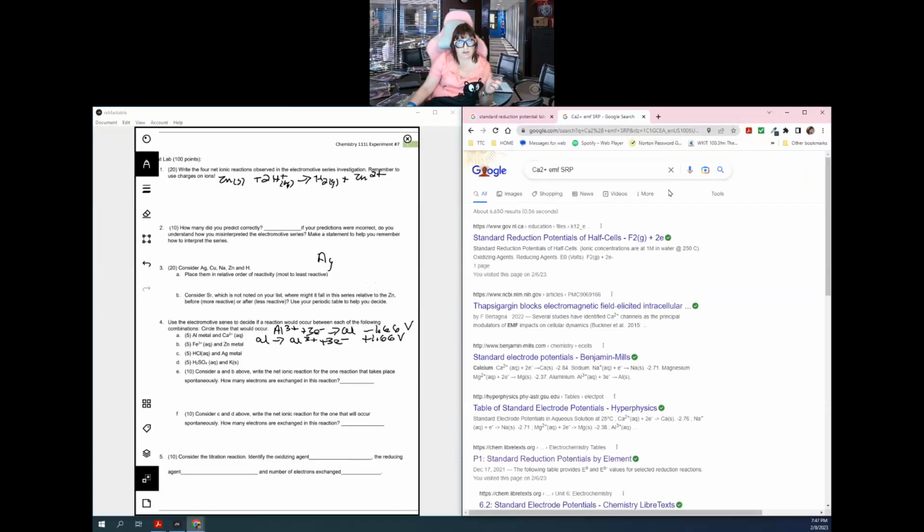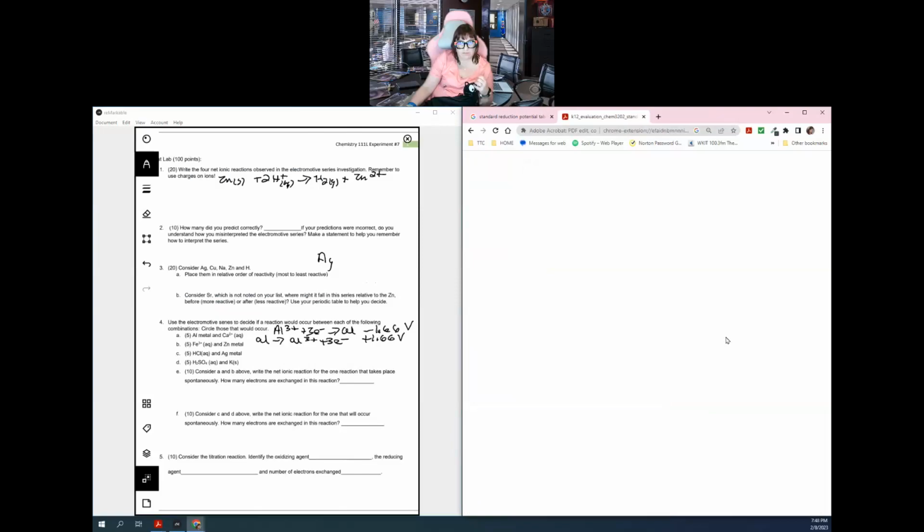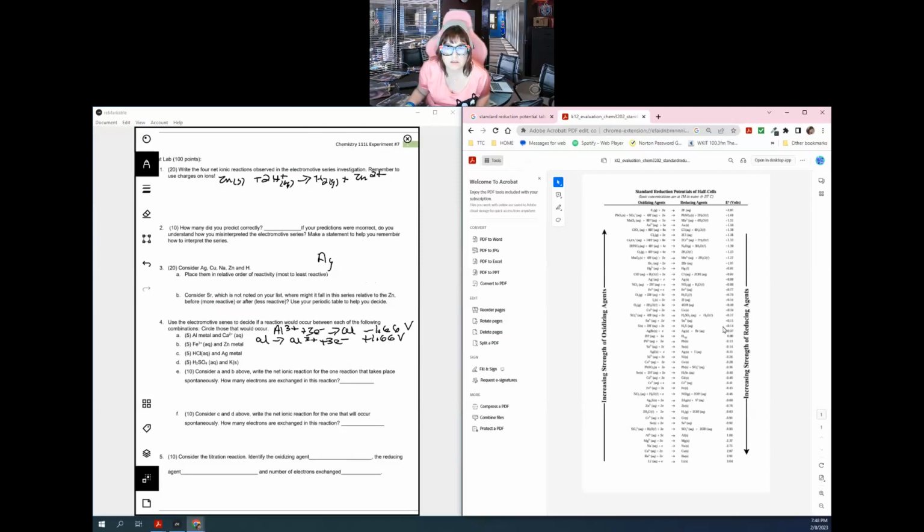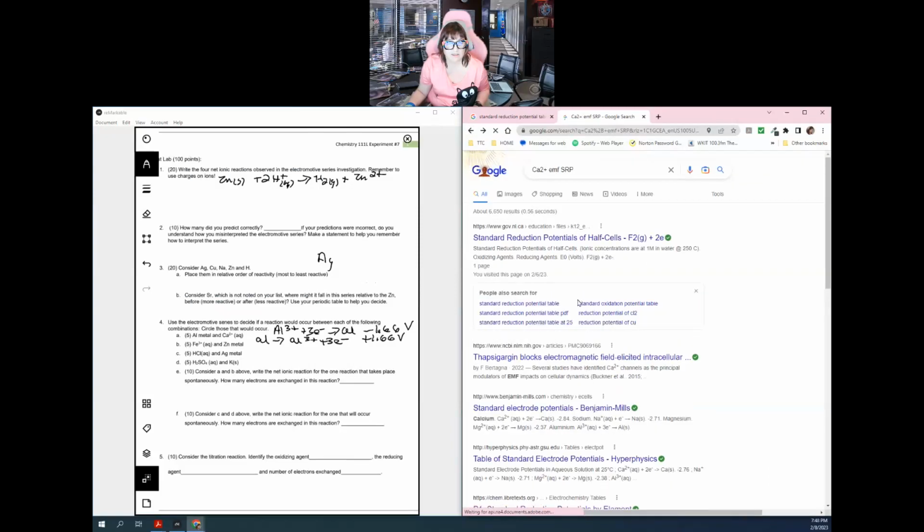EMF, SRP: electromotive force, which is E cell, SRP, standard reduction potential. So that's what I'm looking at there. And I'm going to come in here and see if I can find Ca. And yes, I'm that old and I need to get that close. And it's not in there either. I know that I found it.